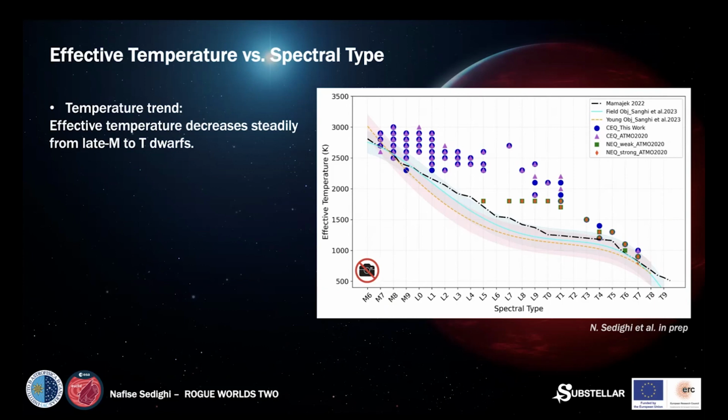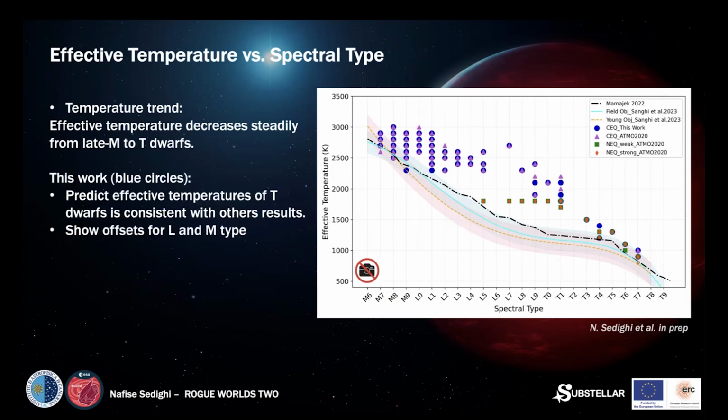It shows us that ATMO works well for predicting the effective temperature of all the T types. But when we go to the L type, we see an offset, and for the M type, a little bit of offset. So for the L type, we still need to invest more time and maybe compare with other models, because in ATMO we still don't have clouds and dust.